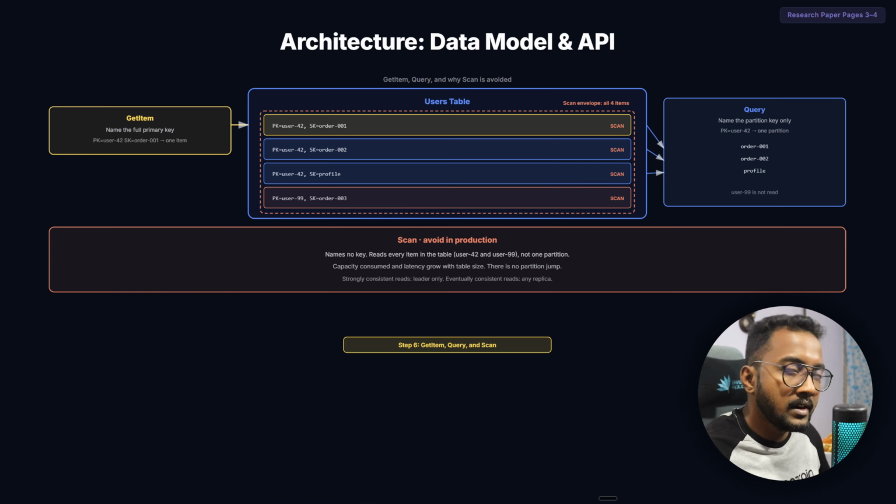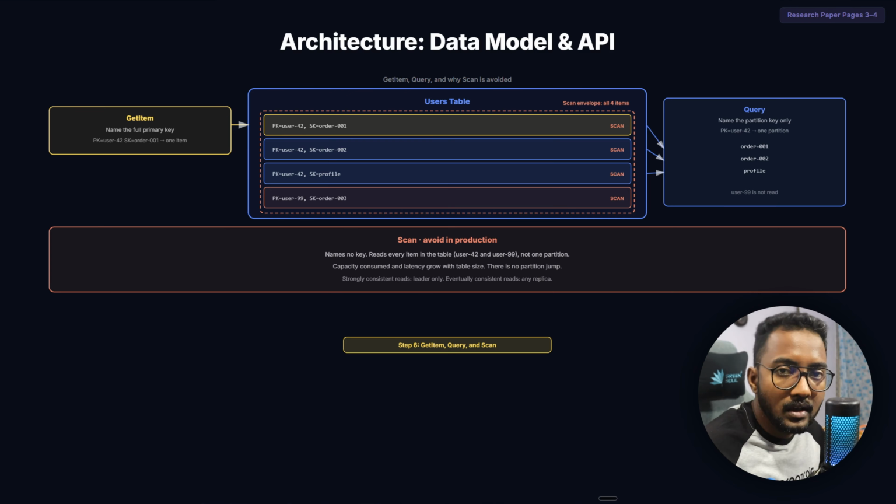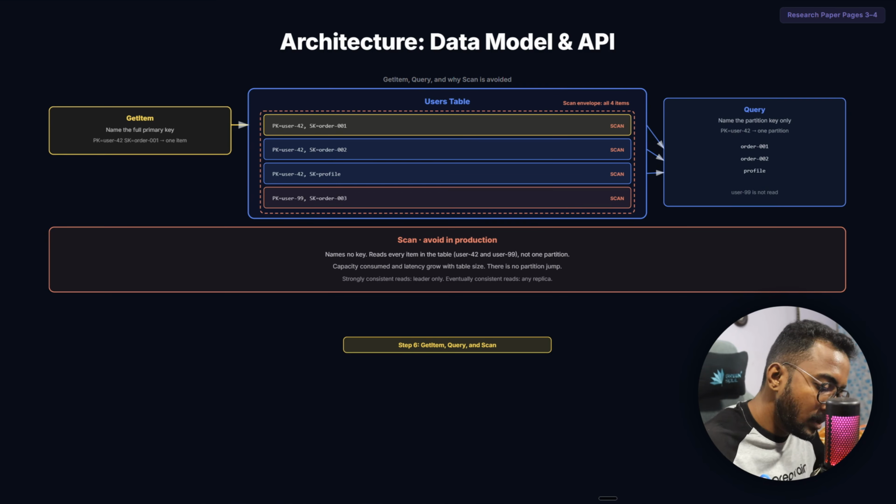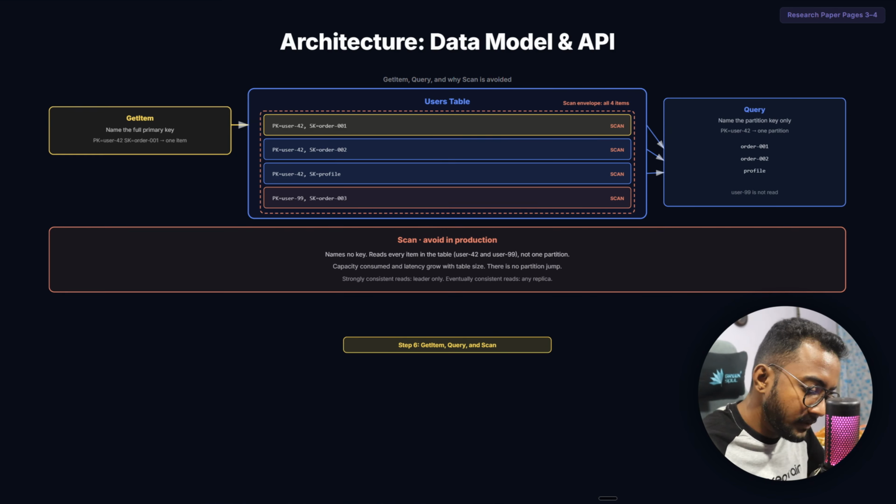Reads split into three operations, and only two of them are the actual ones you want. Get item is basically a point lookup: you give the full primary key, or partition plus sort key, and you will be able to find the item. Then you have query, which is a range scan. Here you just give the partition key and retrieve all the items sharing it.